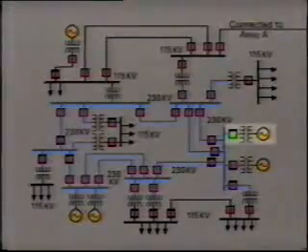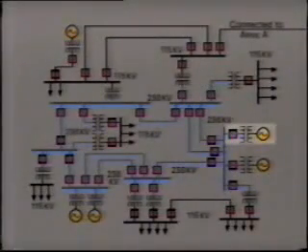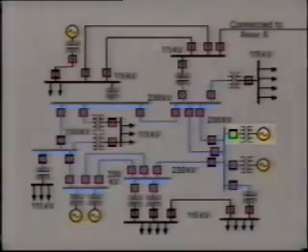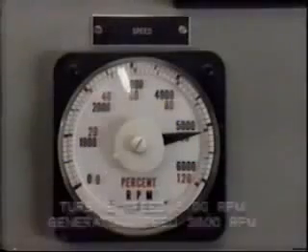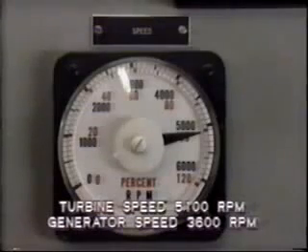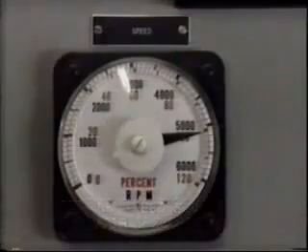When the generator is switched into the power system, it is not sufficient to just close the circuit breaker. Certain definite conditions must be set up before the generator can be synchronized to the system. The first thing is that the generator must be running at its rated speed. This is done by adjusting the governor set point.